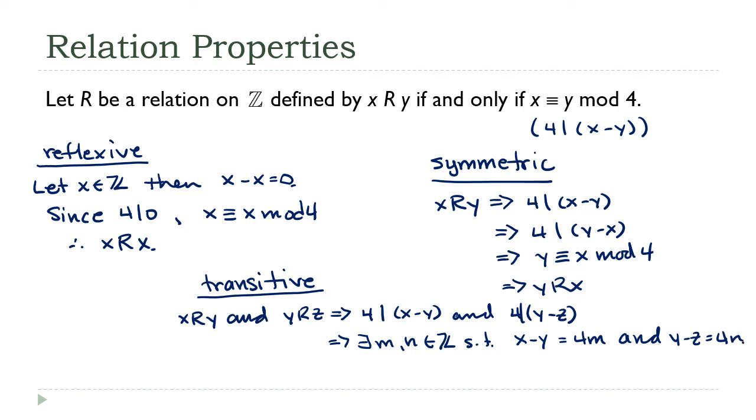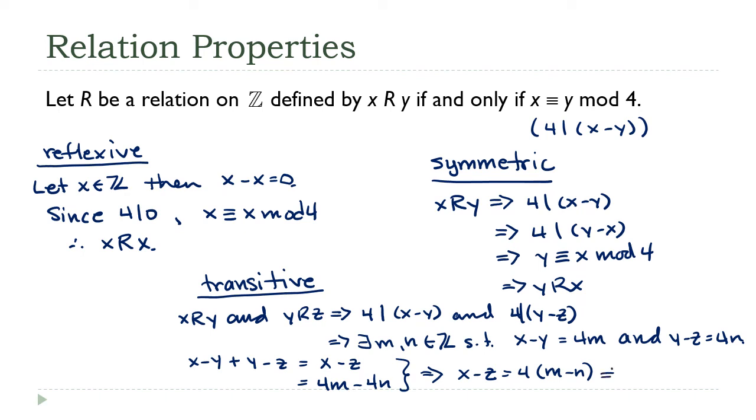All right, so now look at this. X minus Y plus Y minus Z is equal to X minus Z, and it's also equal to, make sure I get these in the right order, 4m plus 4n. This means X minus Z is equal to 4 times m plus n.